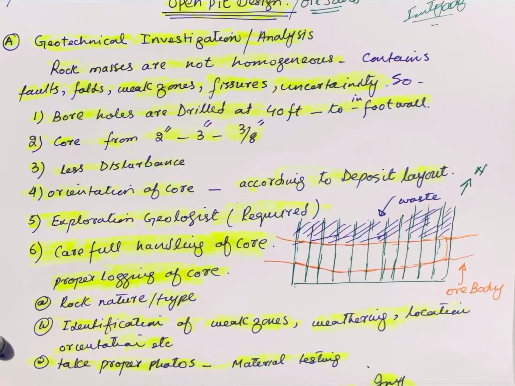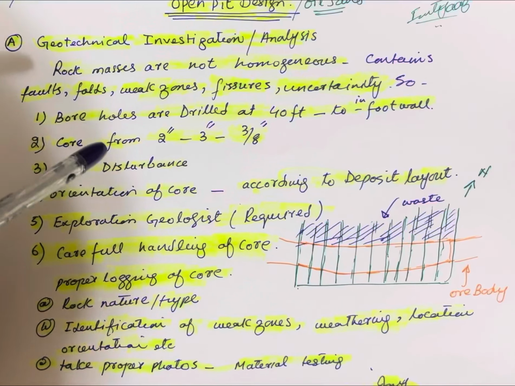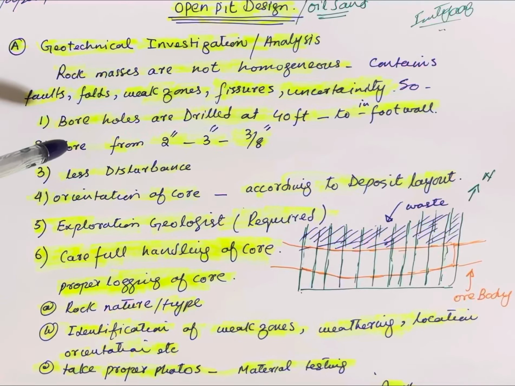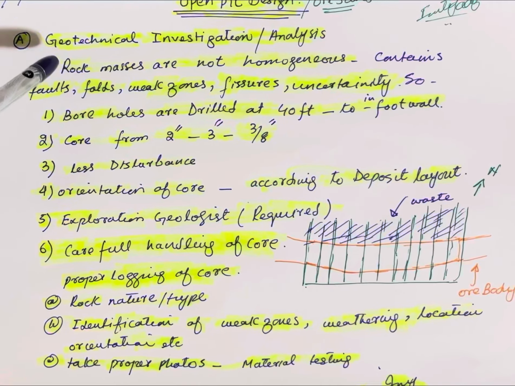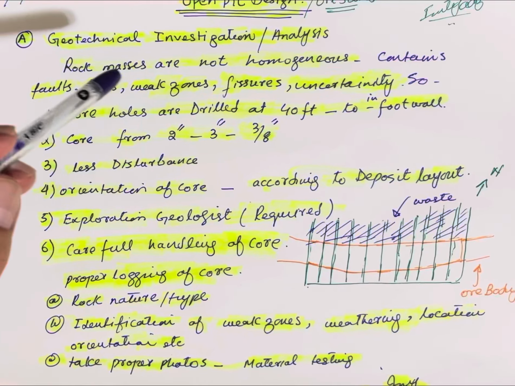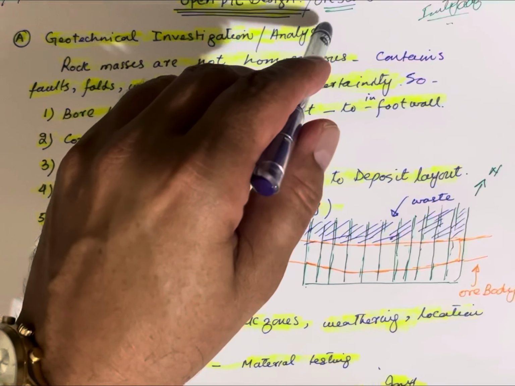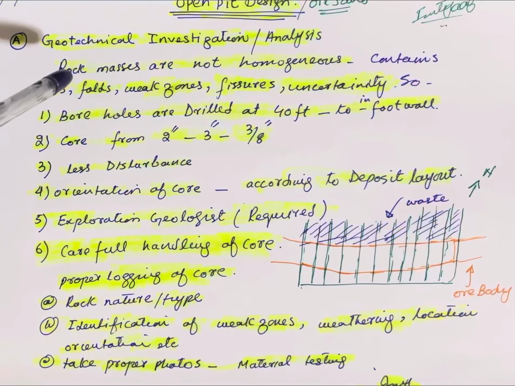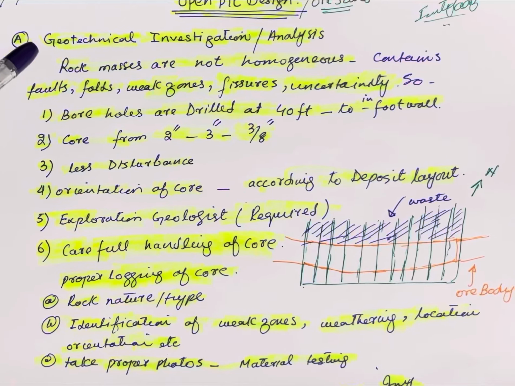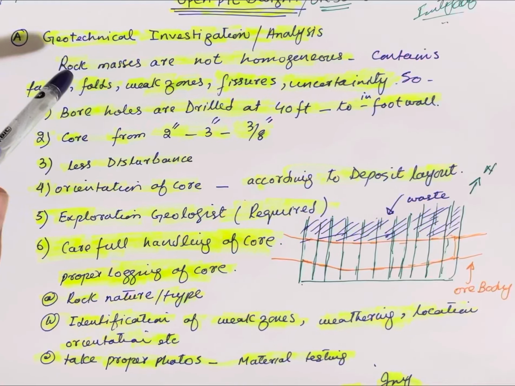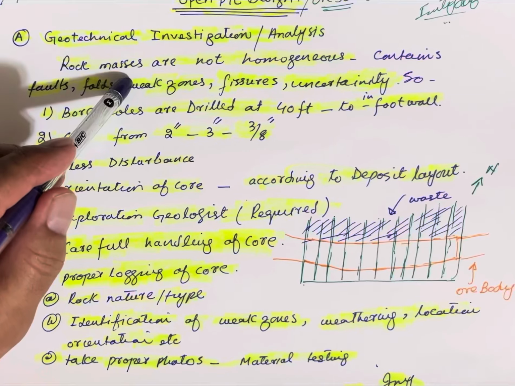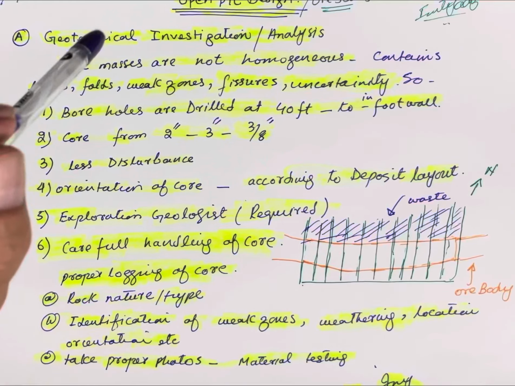We investigate what type of rocks are there. As you guys know, mining is usually in rocks. Oil sand is also a kind of soil with bitumen, but sticky soil. But usually our design is for rock masses, and rock masses are not homogeneous.